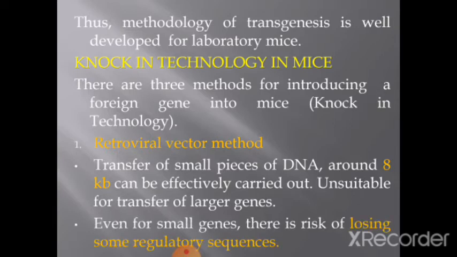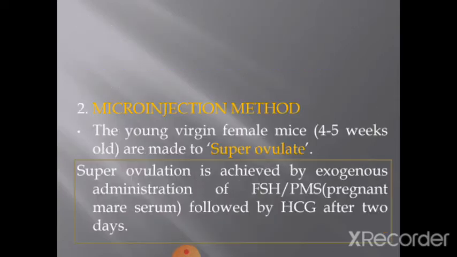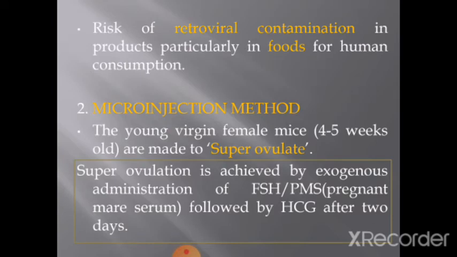Even for small genes there is a risk of losing some regulatory sequences which are very important for other processes. Then, apart from these two, there is the risk of retroviral contamination, especially if you are aiming to produce food products which are often used for human consumption.